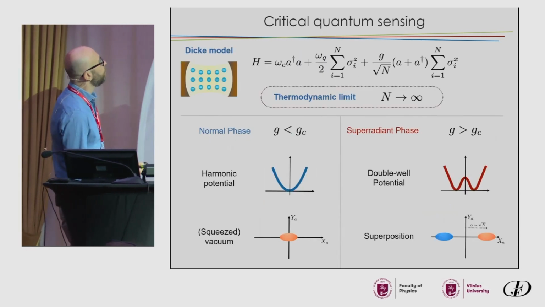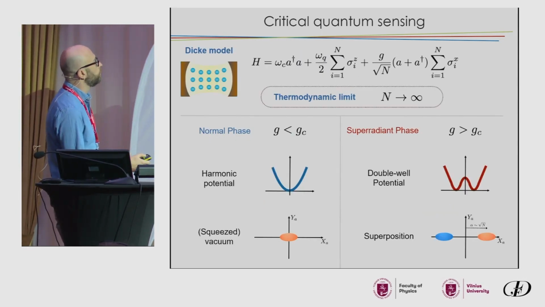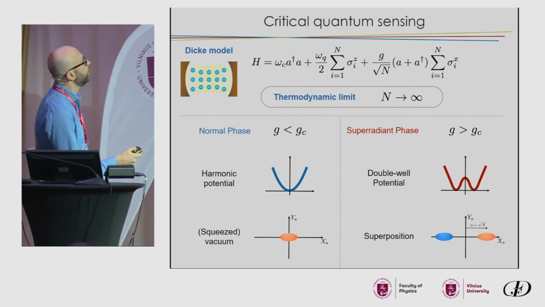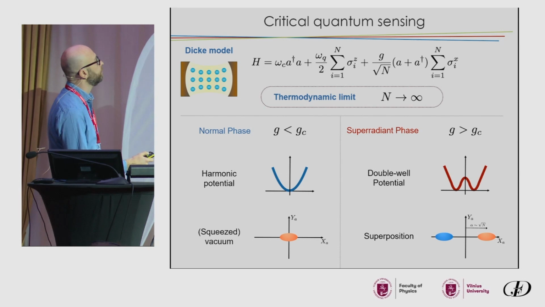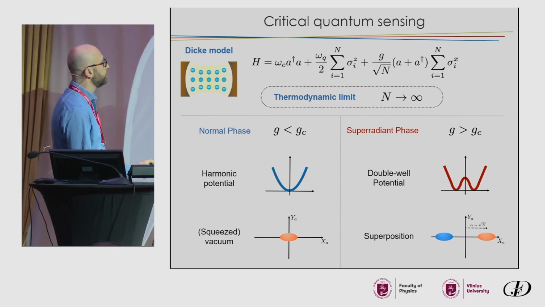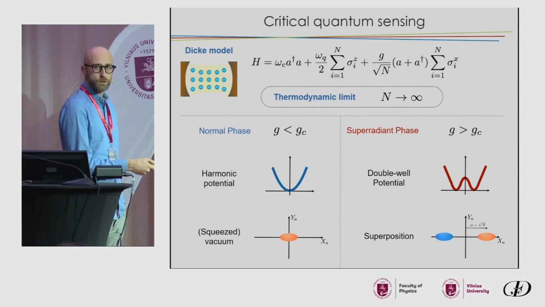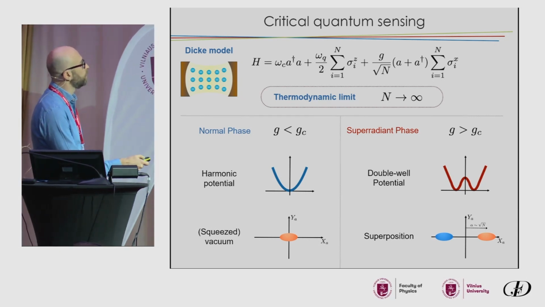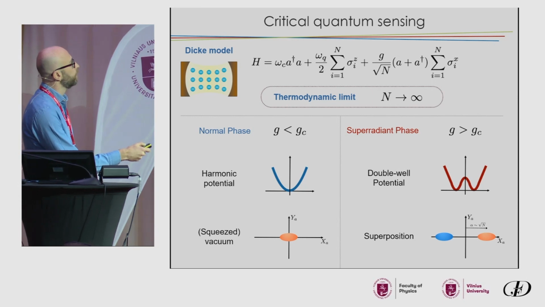Okay. One very topical example is the Dicke model, where you have many atoms, and if you go to the thermodynamic limit, the limit of infinite particles, you have a critical parameter.